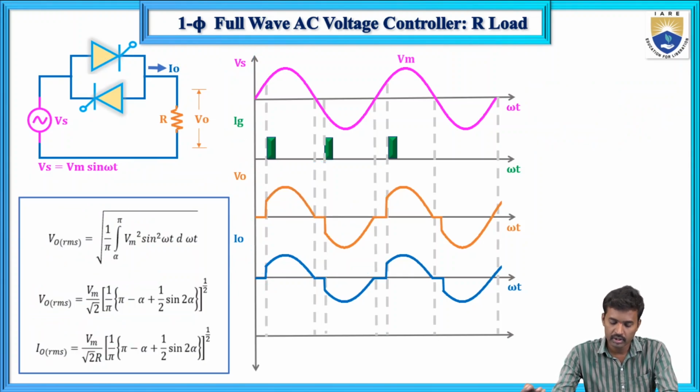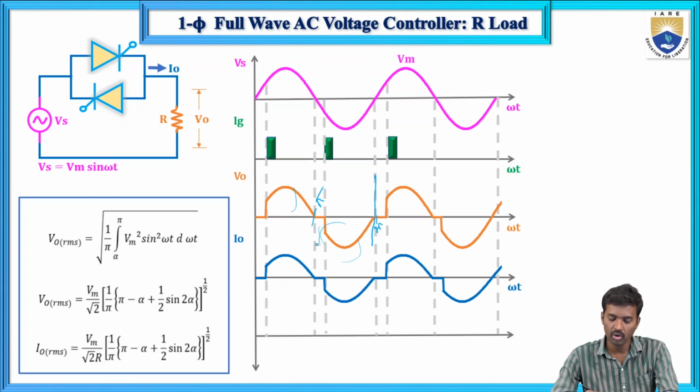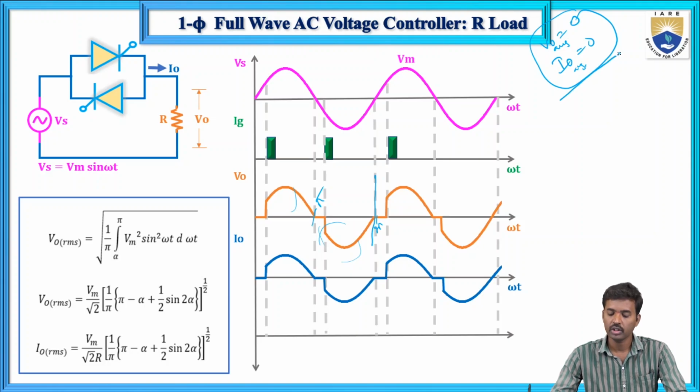Now if you see the average value, how will we calculate it? Here it is a symmetrical waveform. This is 2 pi, half is pi. The positive half and negative half are the same. So output voltage and output current are symmetrical, and the I naught and V naught average values equal 0.